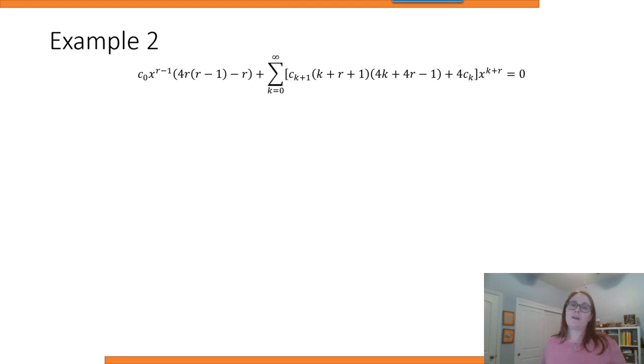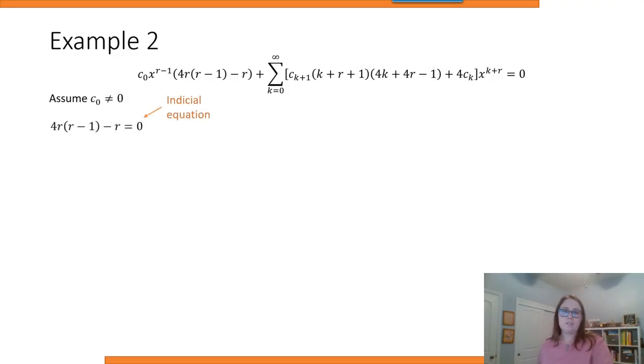Here, we're always going to start with that first constant not equal to 0. And so that means that in order for this term outside of the sum to be equal to 0, which it needs to be since the whole left side is equal to 0, the 4r times r minus 1 minus r has to be equal to 0. So this is what we call the indicial equation.